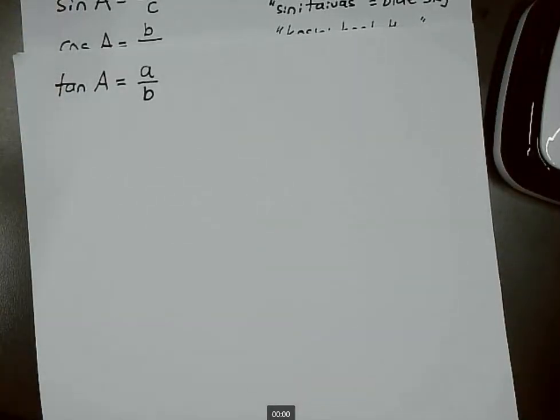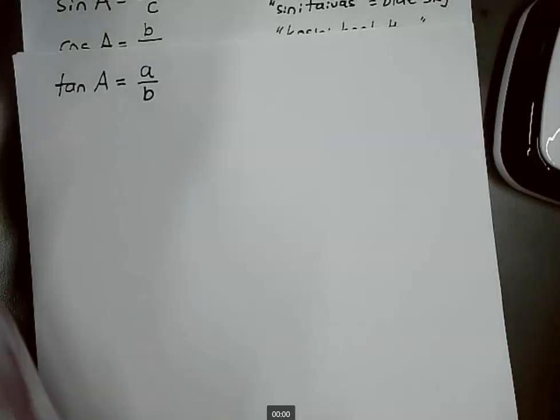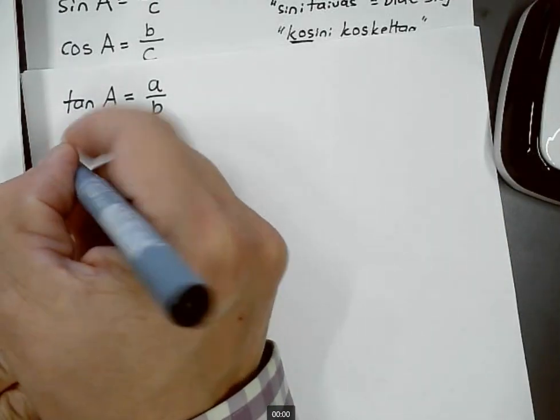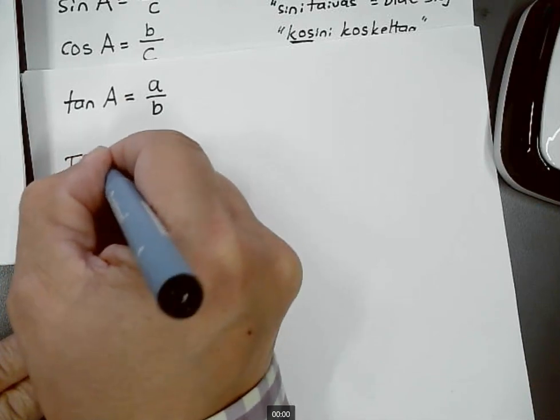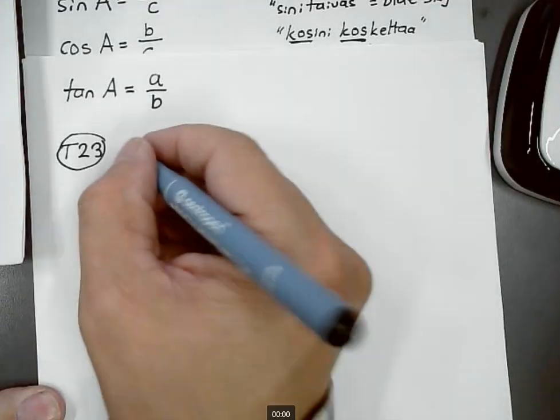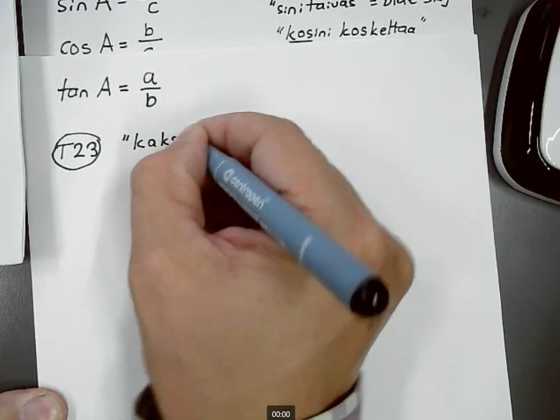Okay, so if we take the next problem from that test, it was 23. This is in Finnish.